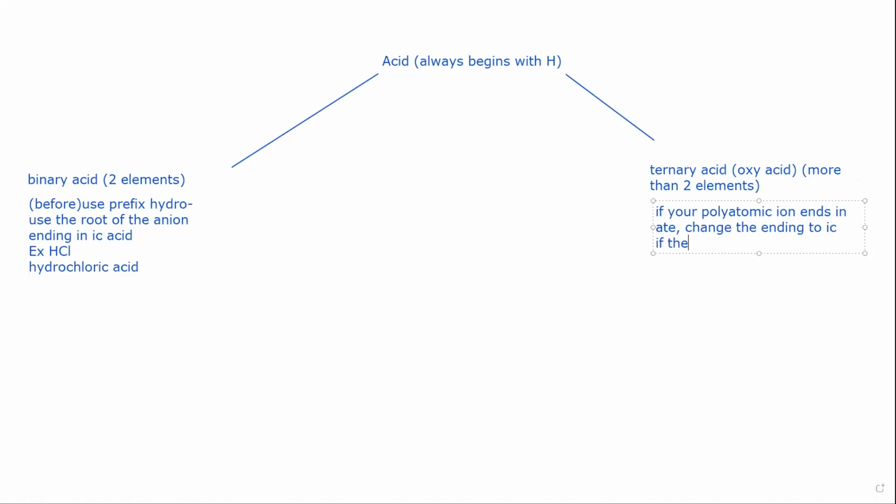If the polyatomic ion ends in ite, then you change the ending to ous. Oops, not pus, ous, sorry.